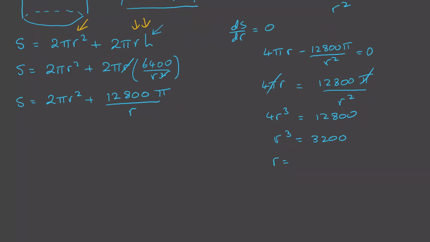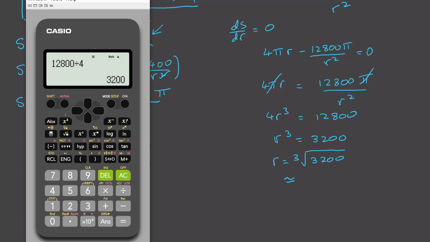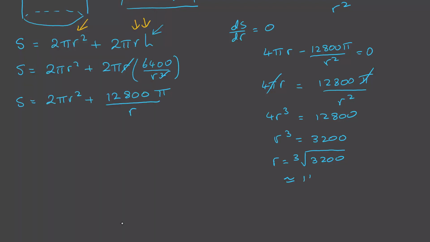So for now, I'm just going to write that r is the cube root of 3,200. And I think I have a cube root button on this calculator. Indeed I do. And so that is approximately 14.7 centimeters.